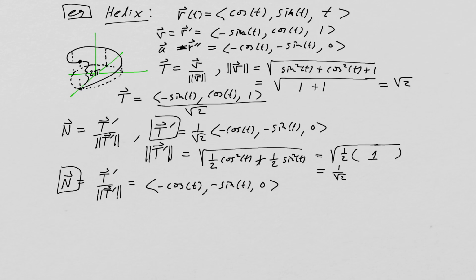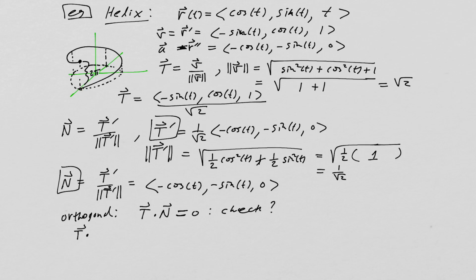One important thing we should note here is that these are orthogonal. So t dotted with n is always going to be equal to 0. Let's just check. Right. Well, it's pretty straightforward to do this check.